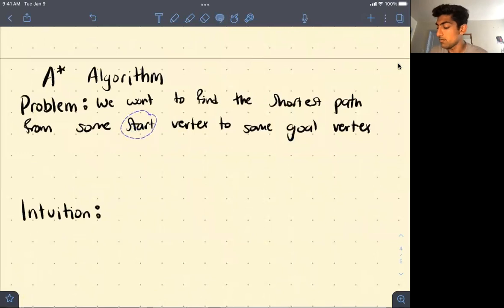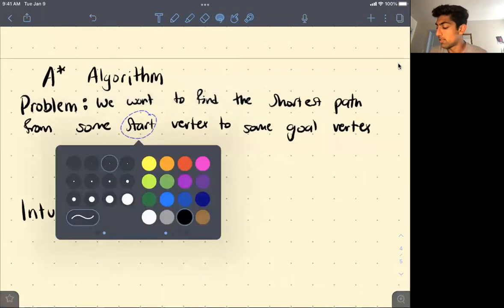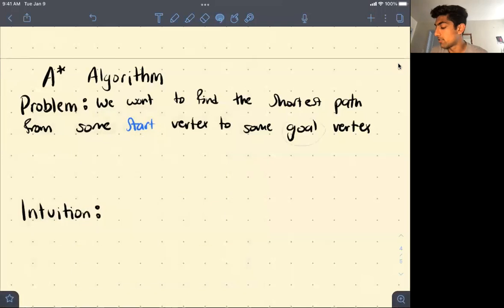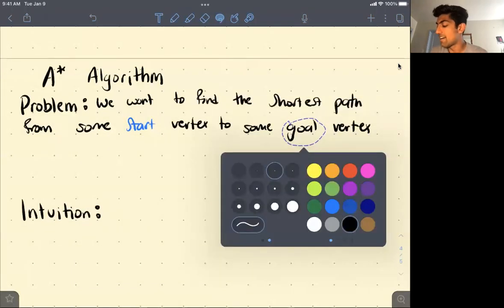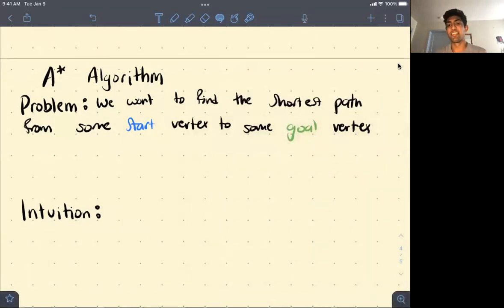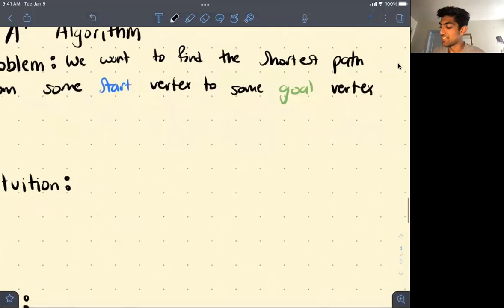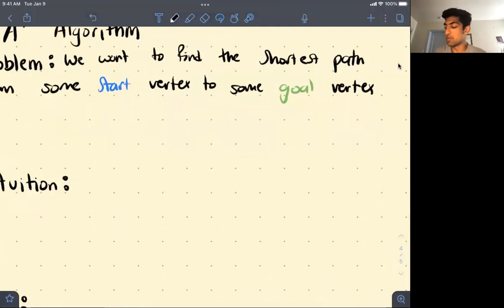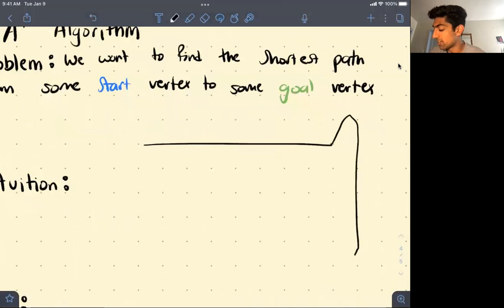All right, so I think it's very helpful to think about the A star algorithm from the point of view of a US map. So let's say that we have the US map. I'm going to draw it slightly poorly because I'm not that good at drawing.